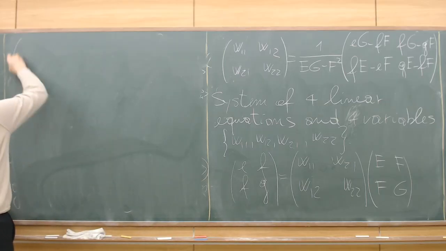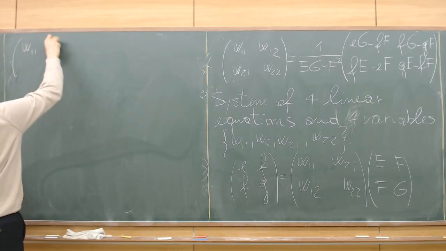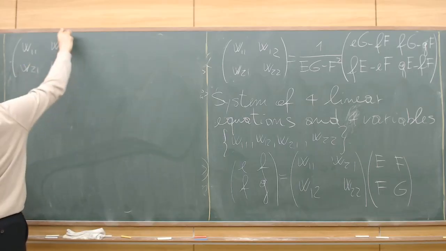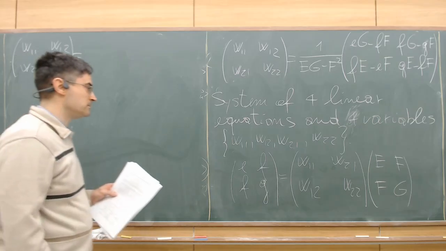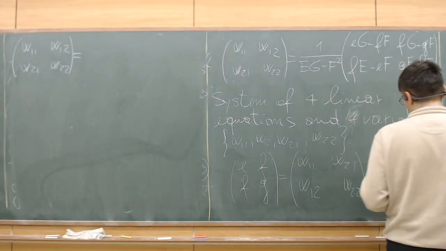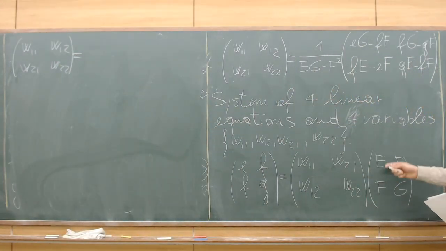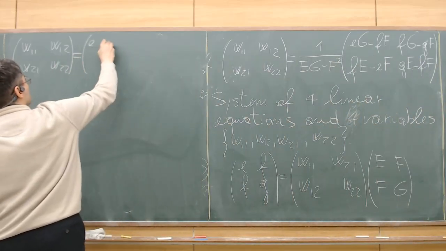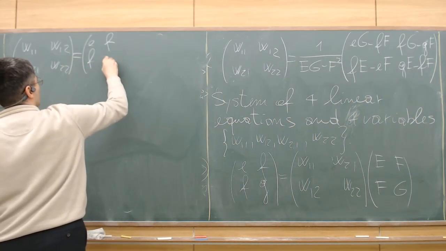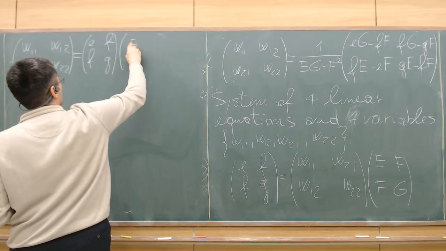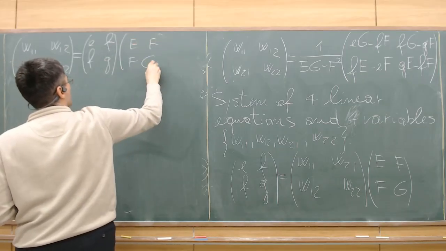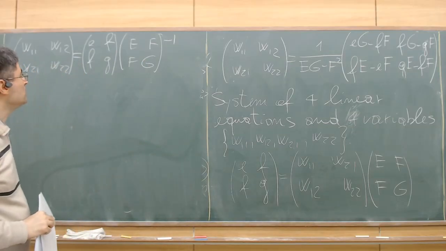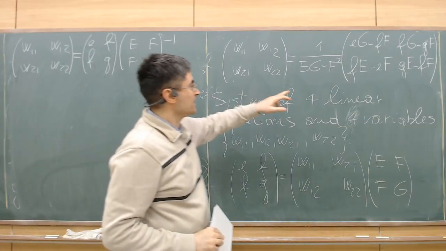So we can get W11, W12, W21, W22 multiplying both sides by the inverse of this matrix. And if you make the computations, you will find exactly this formula.